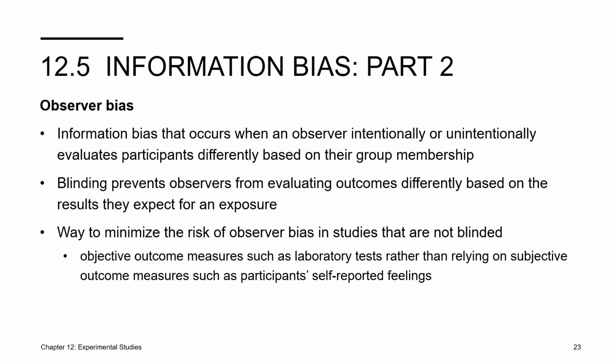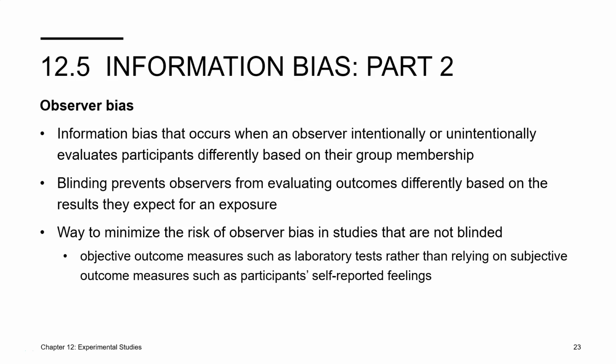Observer bias occurs when the observer intentionally or unintentionally evaluates participants differently based on their group assignment. Blinding is a way to help prevent that, and it helps the results be less biased because it prevents the observers from knowing which people are in the intervention group and which are in the control group.